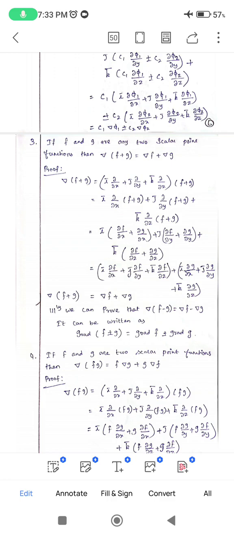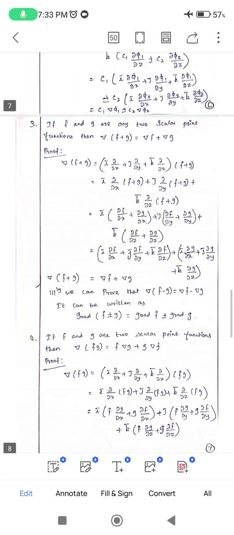To multiply, we get i into dou by dou x into f plus g, plus j into dou by dou y into f plus g, plus k into dou by dou z into f plus g. So i vector into dou f by dou x plus dou g by dou x, plus j vector into dou f by dou y plus dou g by dou y, plus k vector into dou f by dou z plus dou g by dou z.